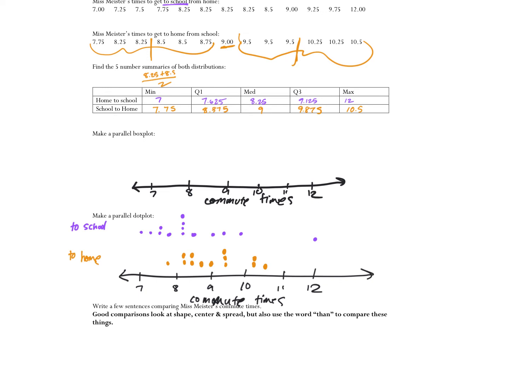Now, theoretically, we should be checking for outliers in the time it takes me to get home. Are there any outliers there? I don't think so either. Okay. So we can just kind of plot, there's my 7.75, my quartiles. We do the same thing.